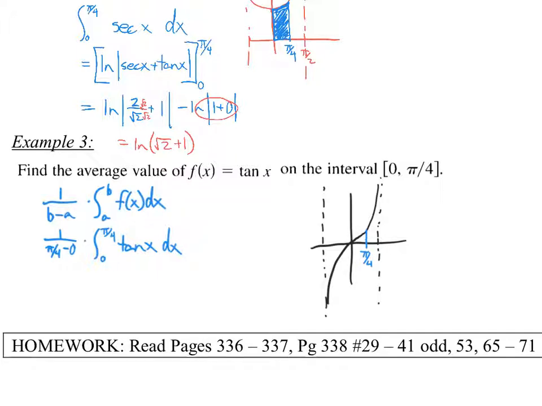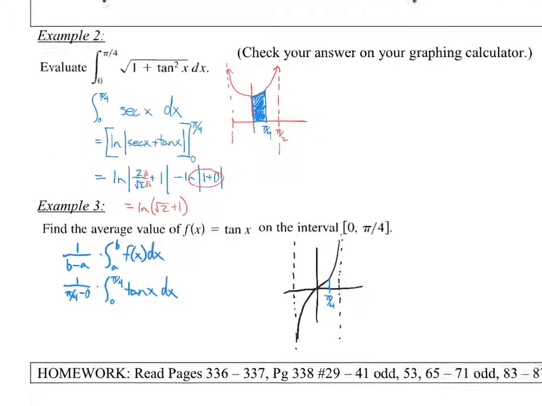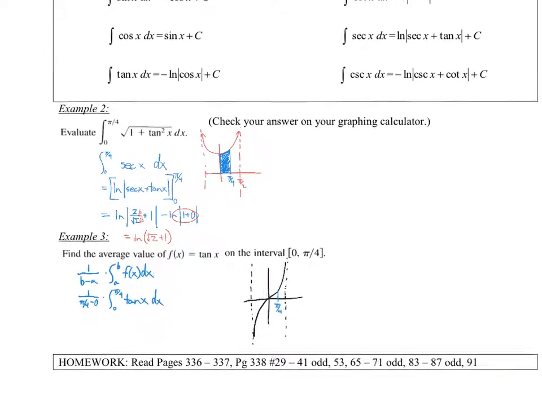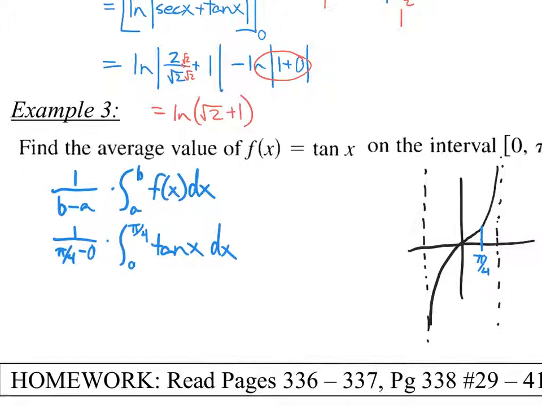Negative ln cosine of x plus c. So the integral of tangent is negative ln absolute value of cosine. So this is going to be 4 over pi times negative ln absolute value of cosine evaluated from 0 to pi over 4.